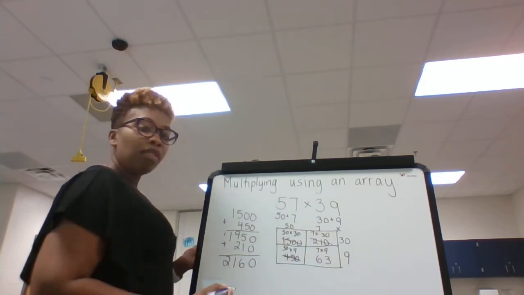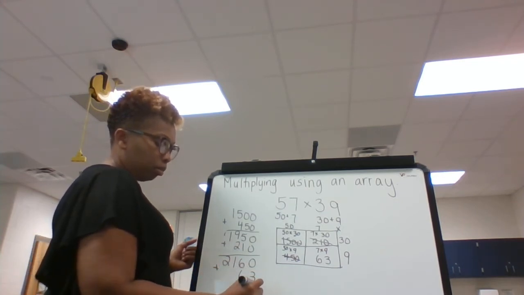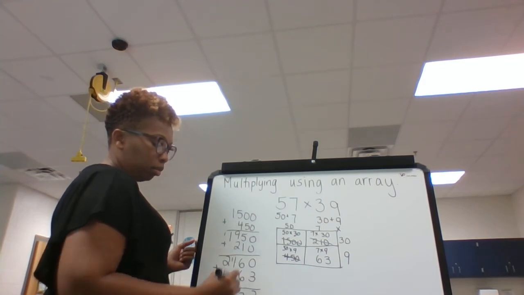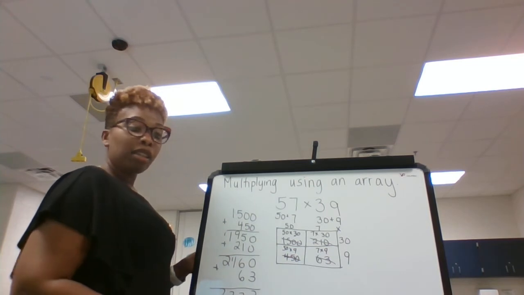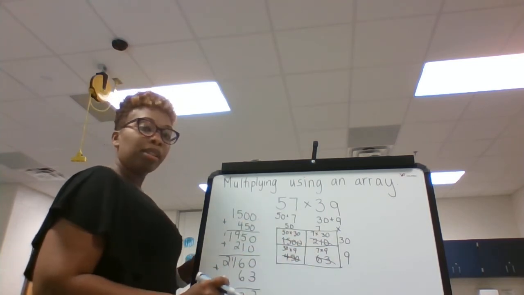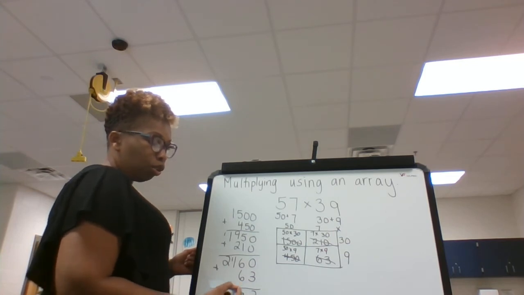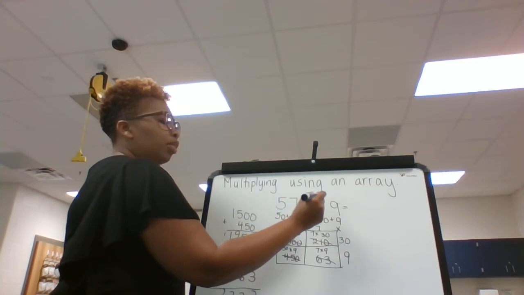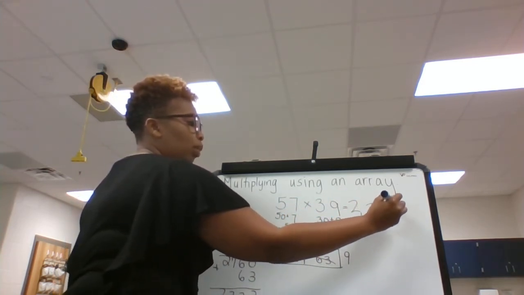I cross it off, and then I add my last number. That's my last number. I've added all the numbers in my box together. My answer is 2,223. So 57 times 39 is 2,223.